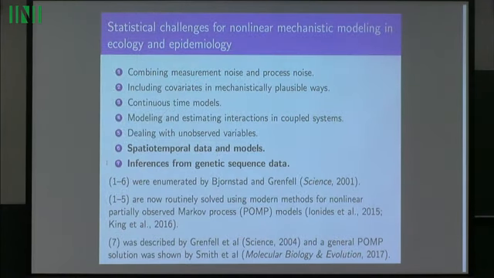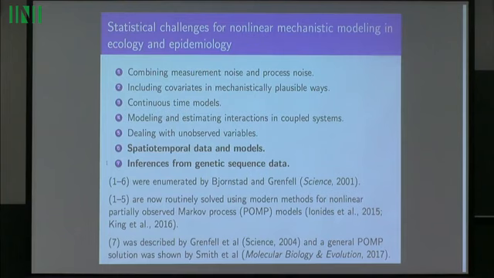Okay, so now I want to start connecting this with the kind of dynamic models that we're interested in. So here are some statistical challenges for nonlinear mechanistic modeling in ecology and epidemiology. You have these dynamic models, you want to combine measurement noise and process noise, you want to include covariates, but you don't want to be forced into some linear model, you want to include the covariates as the science recommends in mechanistically plausible ways.